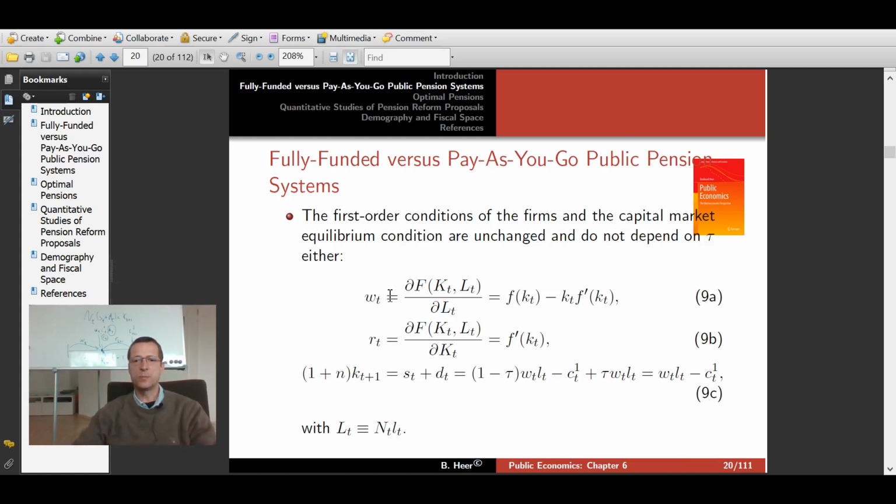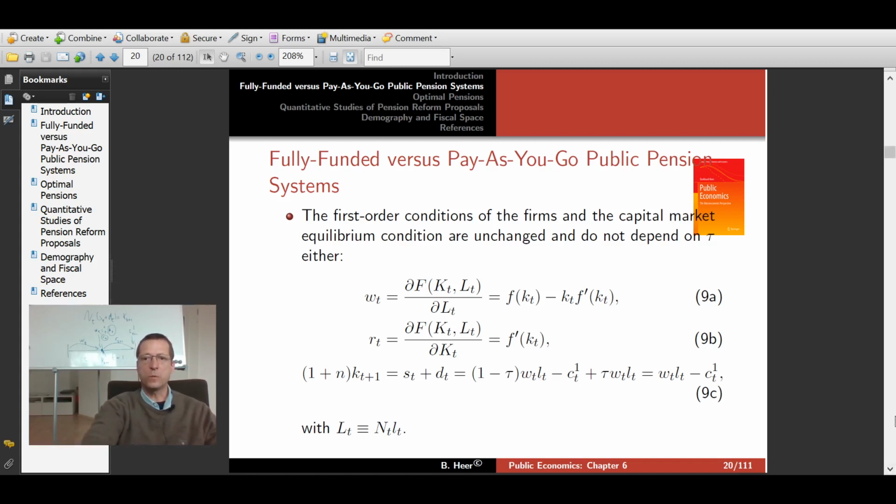And we can substitute savings and contributions in this equation here. The first part is our disposable private savings, our disposable income minus consumption. The second part is contributions. And we have the equation 9c, which relates next period capital stock to labor income and consumption. Total labor supply LT is equal to the number of workers N times the labor supply, the working hours, lowercase l.